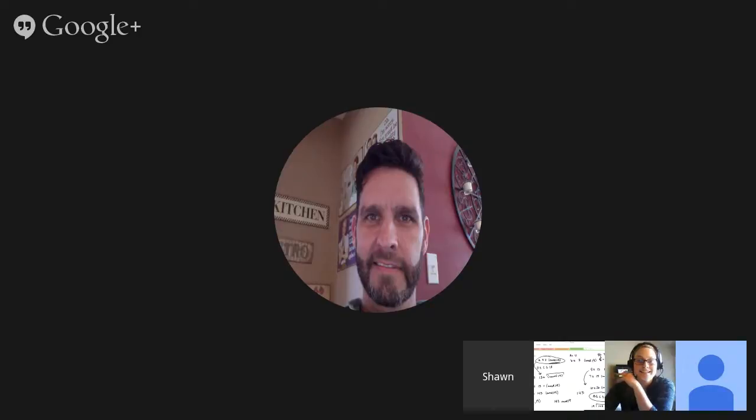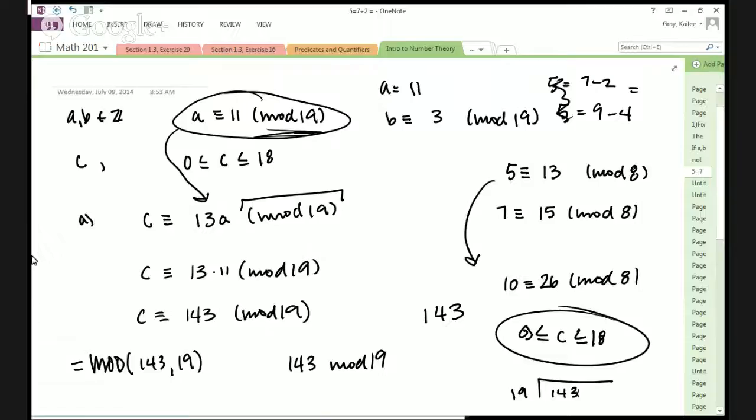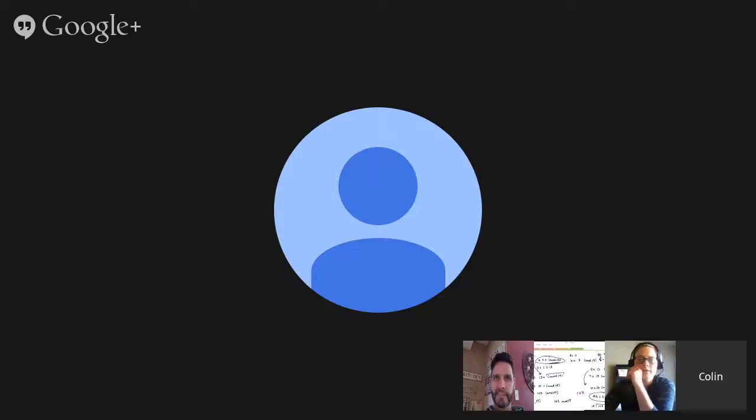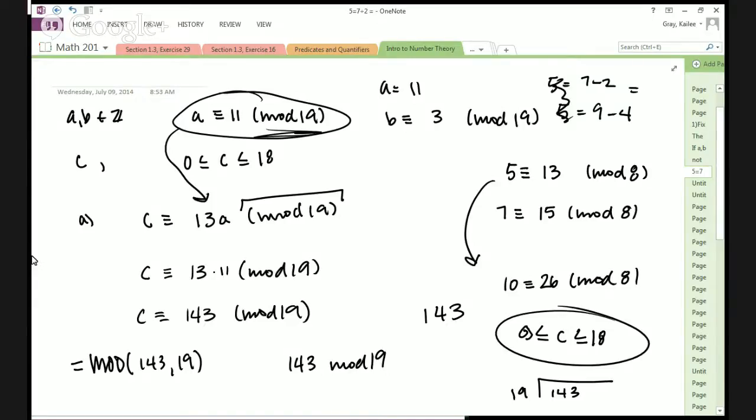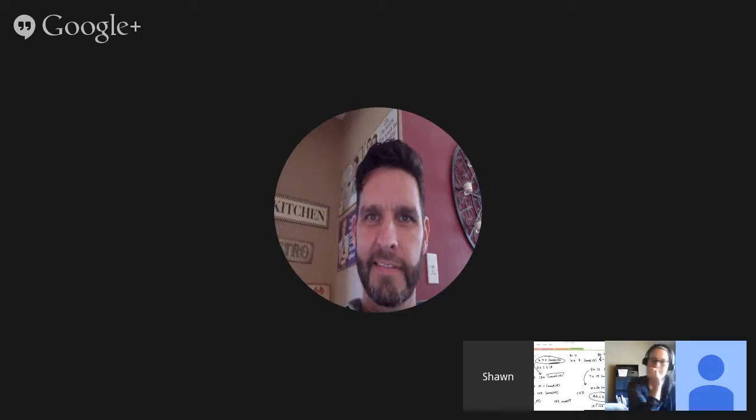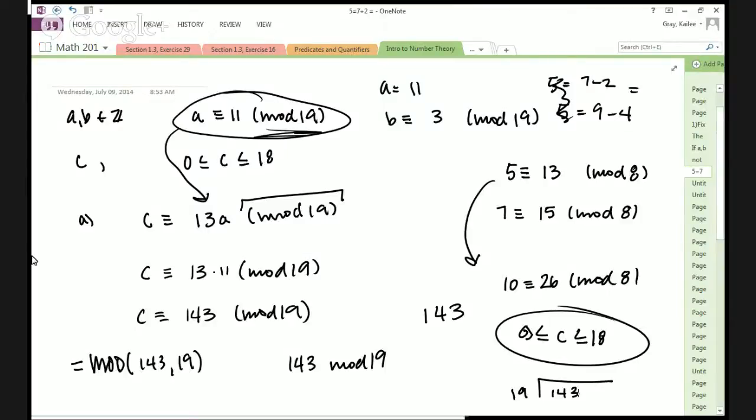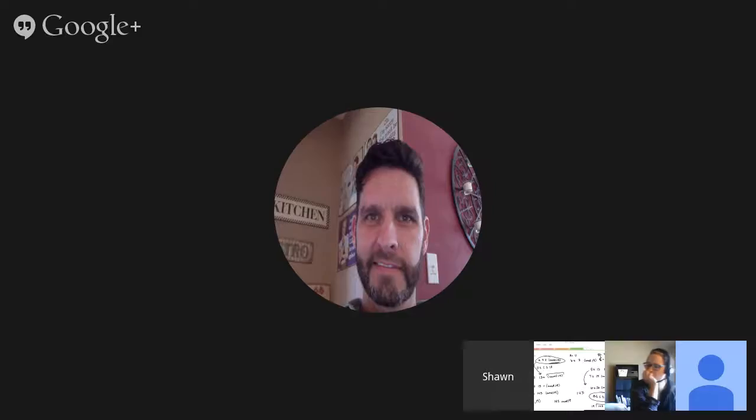You can just type in 143 mod 19, it's super flexible with notation. It says input 143 mod 9. No, I didn't put in 19, my bad. Okay, yeah, result 10.